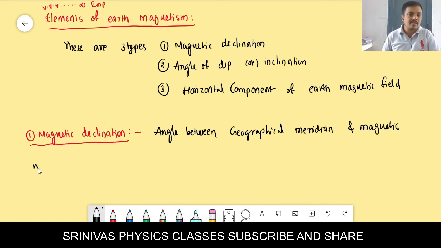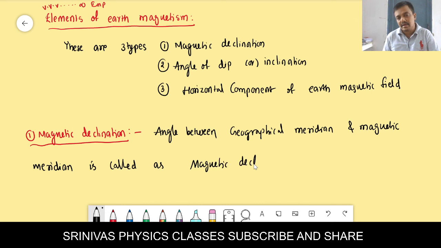The angle between the geographical meridian and magnetic meridian is called magnetic declination. This is the magnetic declination.